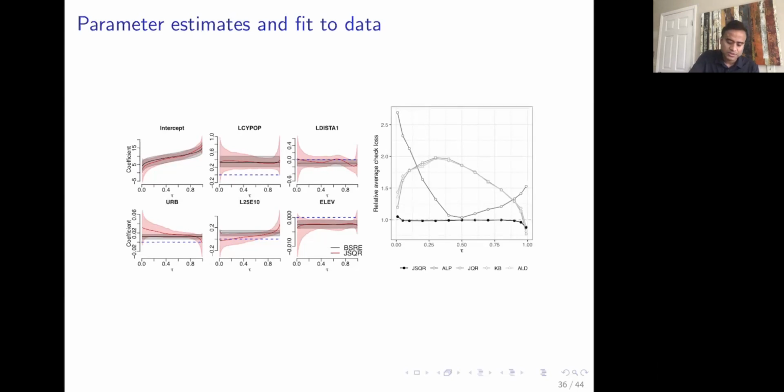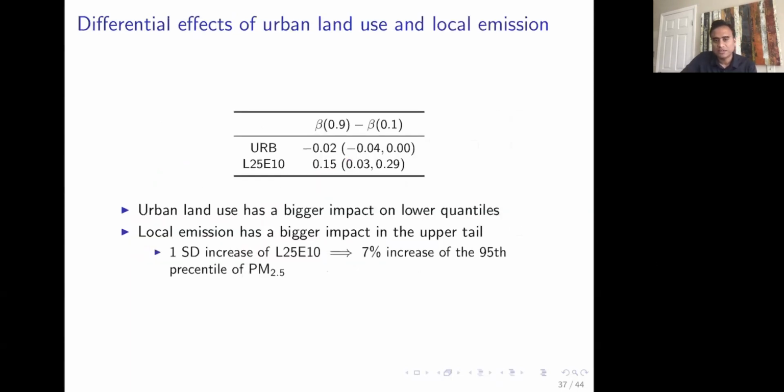We captured the effects of certain covariates that are present in certain parts of the distribution, but not everywhere. Particularly these two covariates: one is urban land use and the other is local emission of PM 2.5. Both have a strong heterogeneous effect.